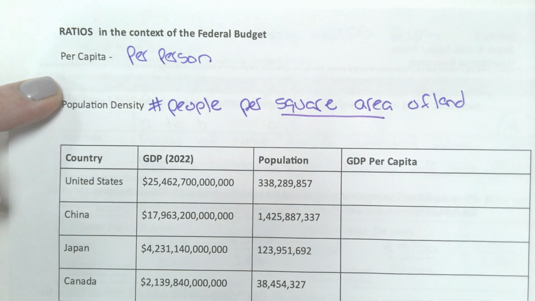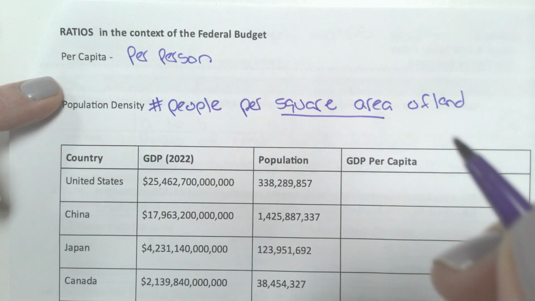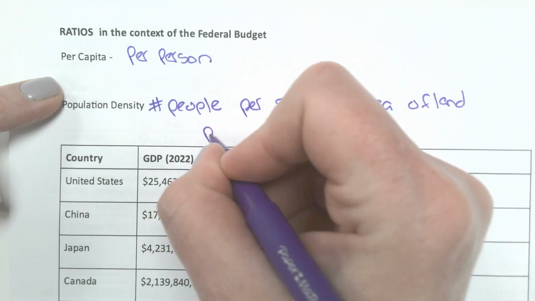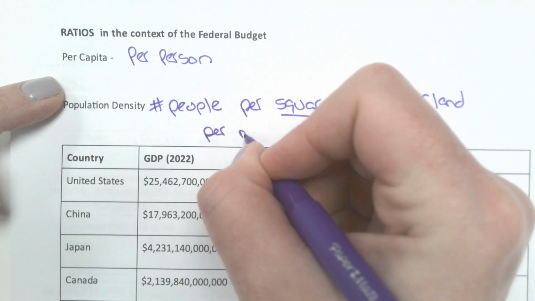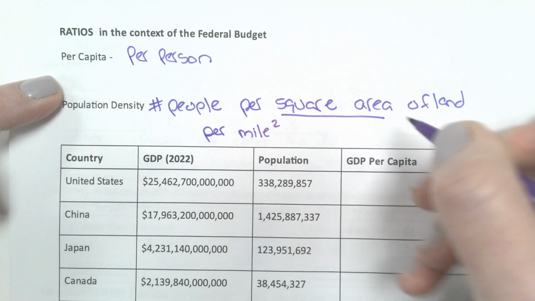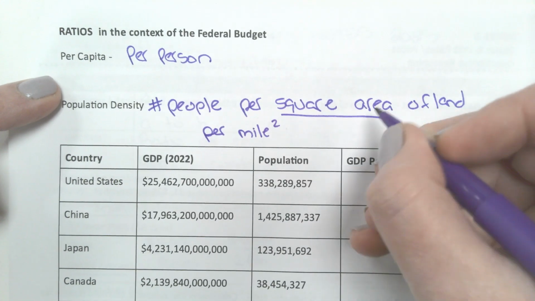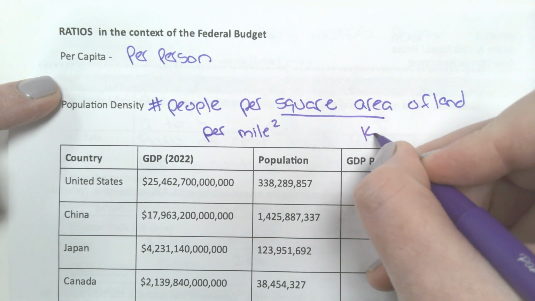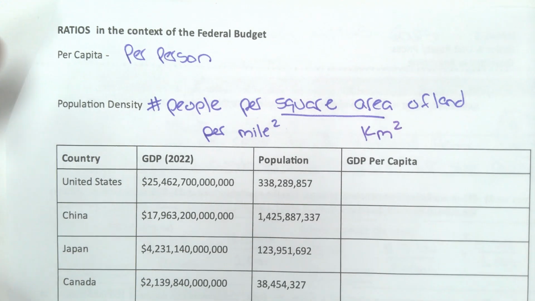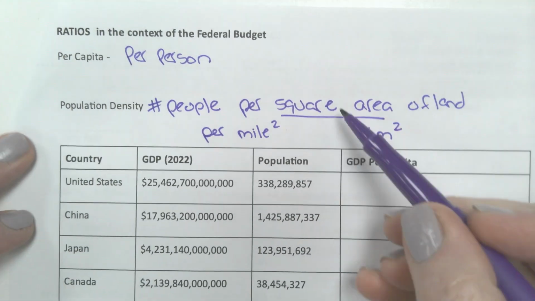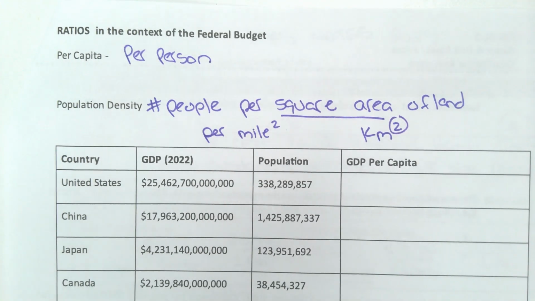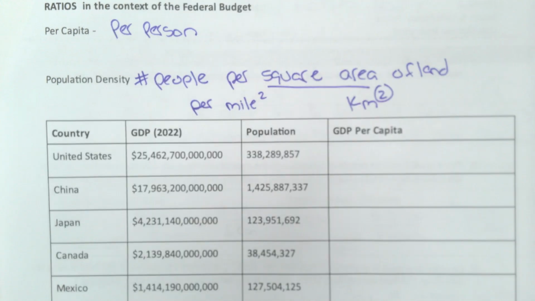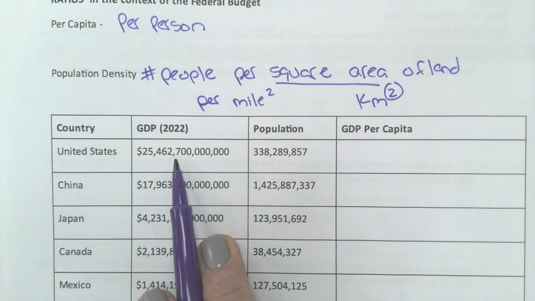So per square area probably depends what part of the world you're in. If you're in the United States, it's probably per square mile. If you were anywhere else in the world, it's probably per square kilometer. So if something is going to be squared, it would be most typical to put that exponent of a 2 right there.